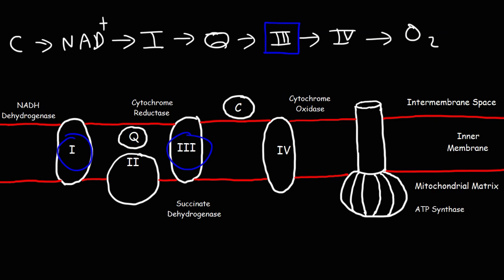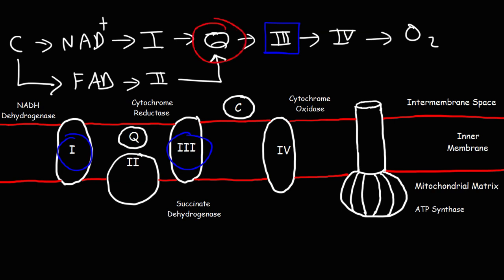Now in the case of FAD, carbon gives its electrons to FAD, and then FAD gives its electrons to complex 2, which gives its electrons to Q. So if we were to compare the mobile carrier ubiquinone and complex 2, we would say that Q is more electronegative than complex 2 because it comes after complex 2.